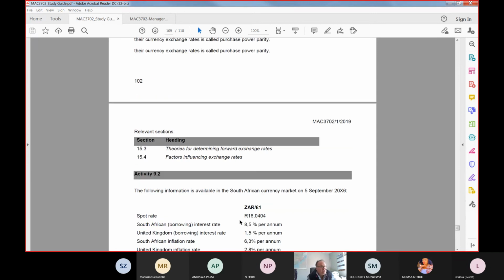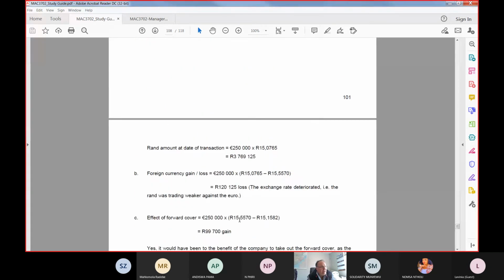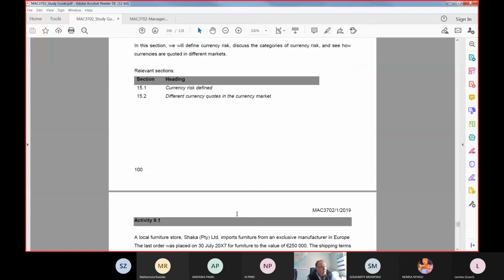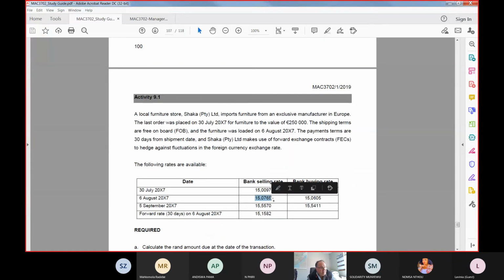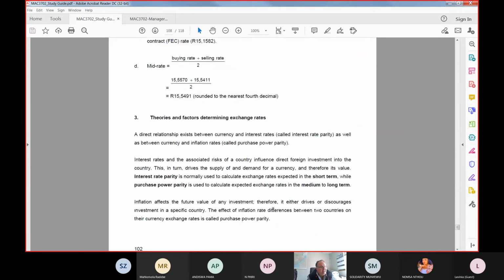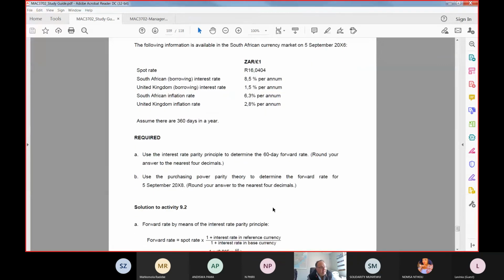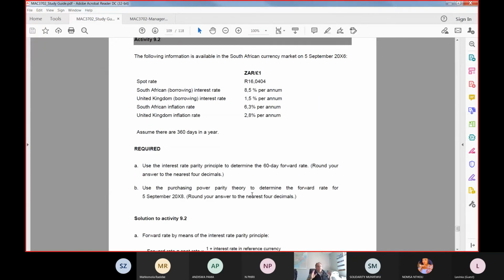So going back to that question here, it tells you what is happening. You borrow for 15.85. Let me explain this to you. Why do they have to do this calculation? This is a company in South Africa that is going to make a purchase from abroad at 16.04 right now.